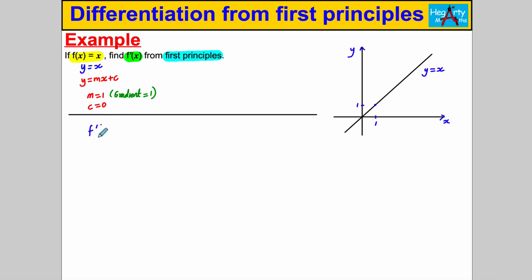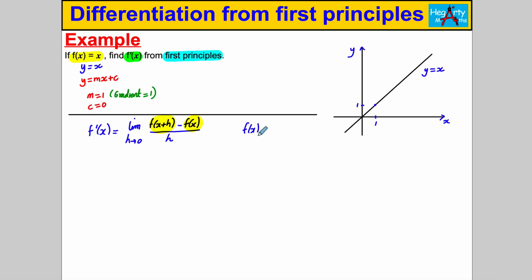It's f primed of x is equal to the limit as h tends to 0 of f of x plus h, take away f of x, all divided by h. So let's work out what f of x plus h is, substitute in, simplify this expression, let h become 0, and see what we get out the other side.